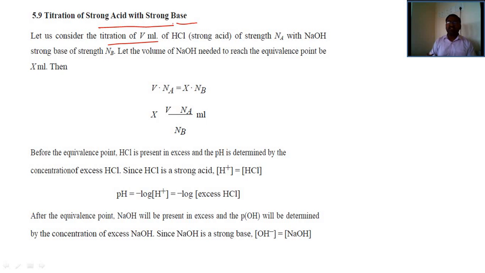Let us consider the titration of V mL of HCl, that is a strong acid, with a strong base like NaOH.